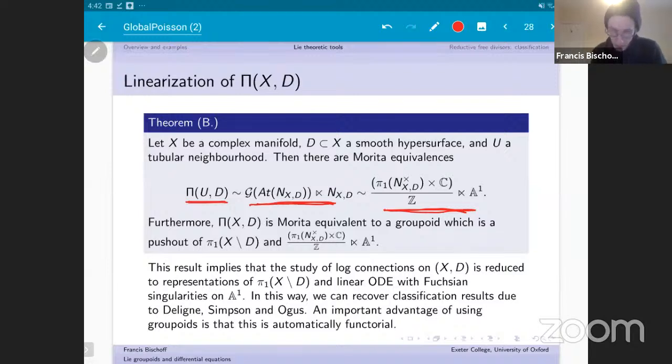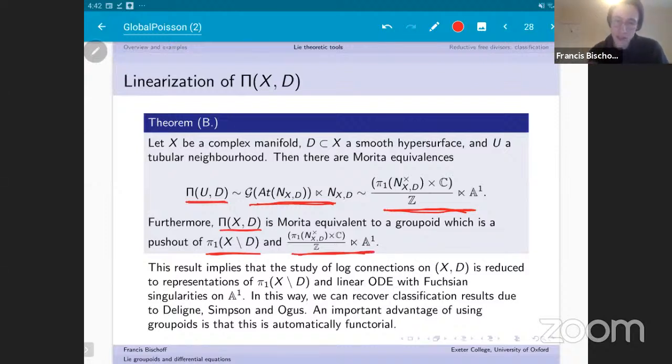And furthermore, using a Van Kampen type result, you can prove that the twisted fundamental groupoid of X and D is Morita equivalent to a groupoid, which is a pushout or a coproduct of the fundamental group of the complement of D in X and this action groupoid.